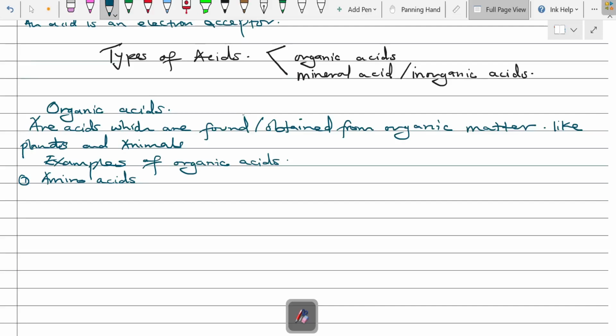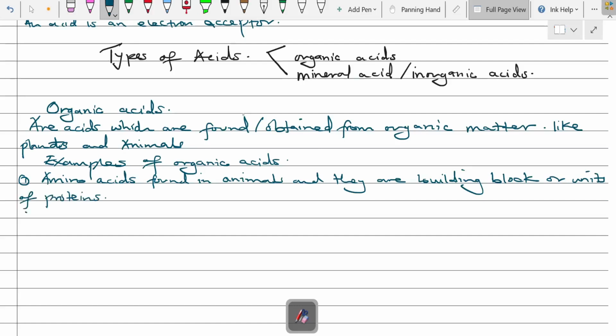So these ones are found in animals, mainly, and they are building blocks or building units of proteins. Then you can give another example of organic acid.